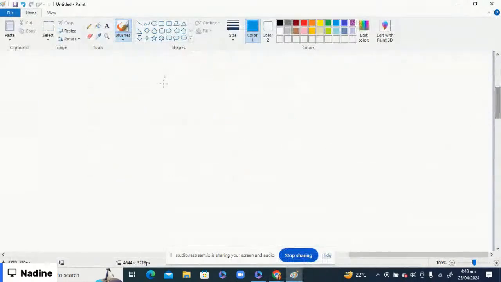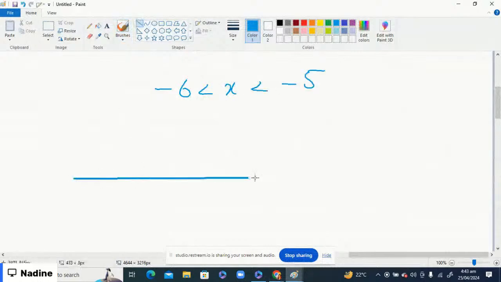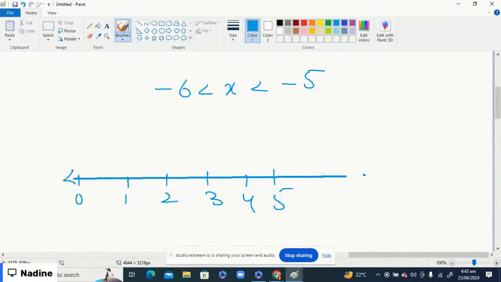Let's do it. Here it's 0, sorry, I put it wrong.